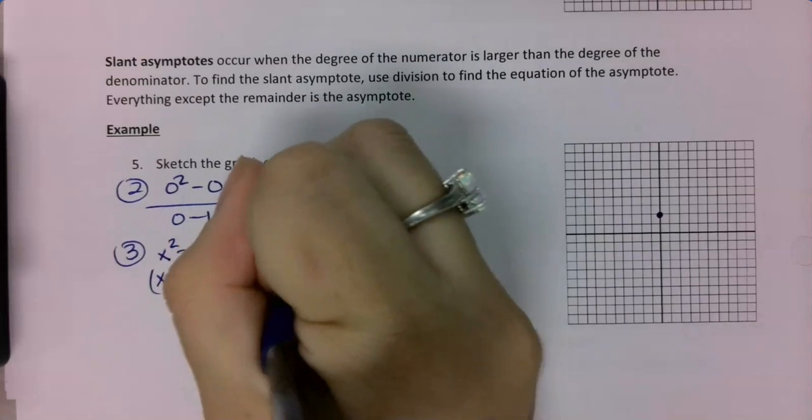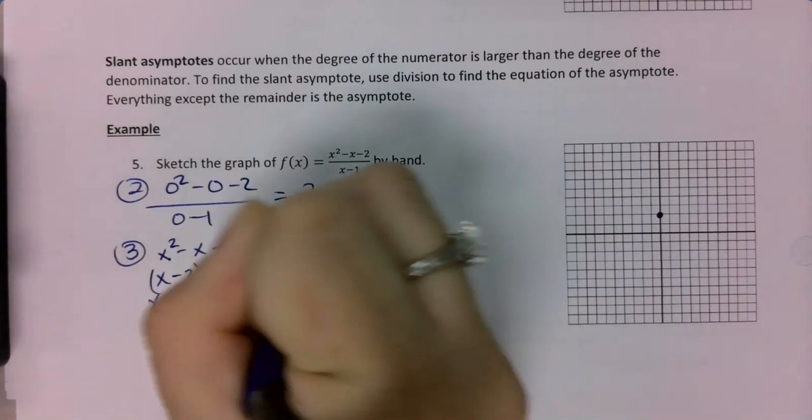Then I take each of those and set them equal to 0.